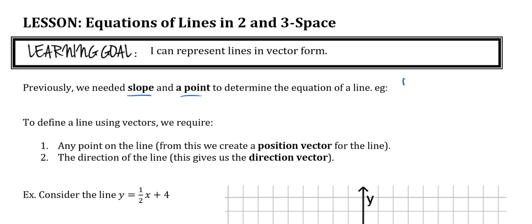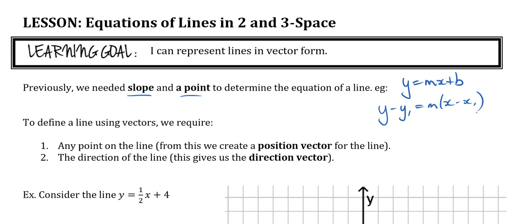So there's y equals mx plus b, where m is the slope and b is the y-intercept. There's y minus y1 equals m times x minus x1.